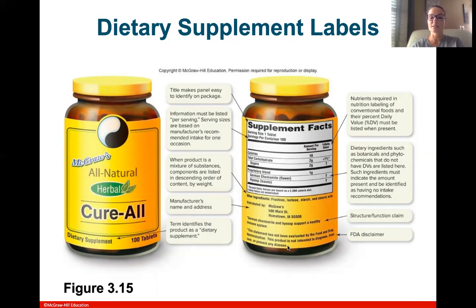This product is not intended to diagnose, treat, cure, or prevent any disease. We talked about that a little bit before about these supplements, but they have to put those disclaimers on there that they are not curing or preventing any type of disease, just as foods can't say that either.